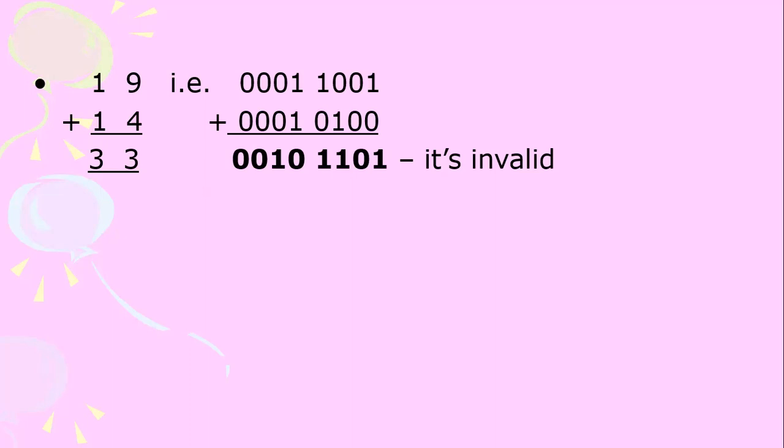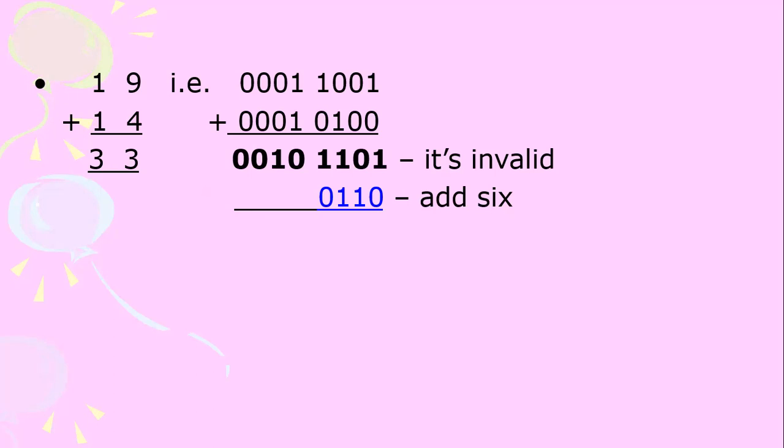So, what do we do to make this number a valid BCD? We add 6, the binary equivalence of decimal 6. This gives 0, 1, 1, 0. So we add 6 to this BCD.